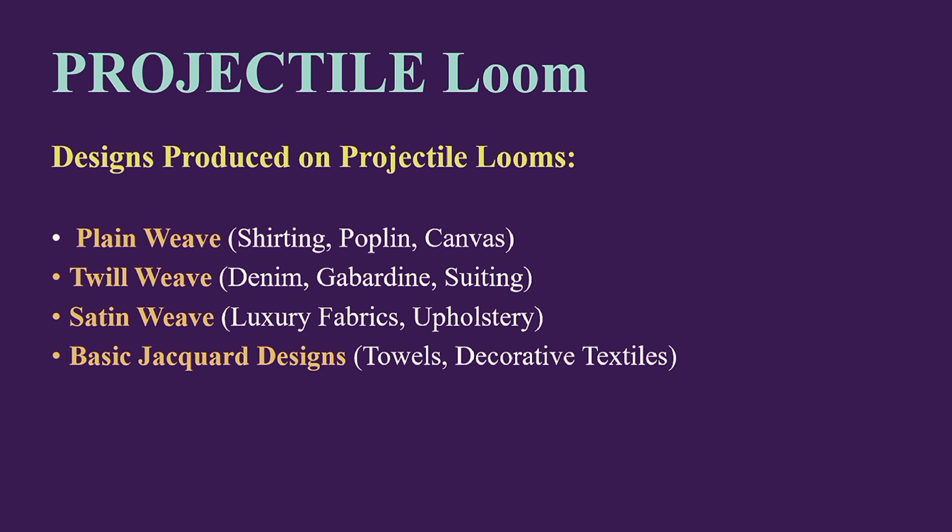Projectile looms designs produced on these looms. In case of plain weave, shirting, poplin, canvas related fabrics designs are produced. In case of twill weave, denim, gabardine, or sweating related designs are produced.